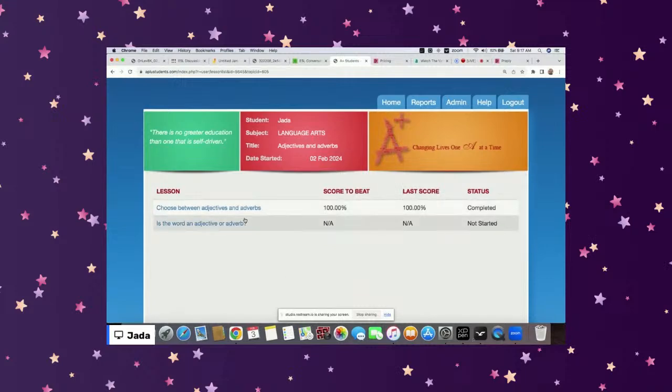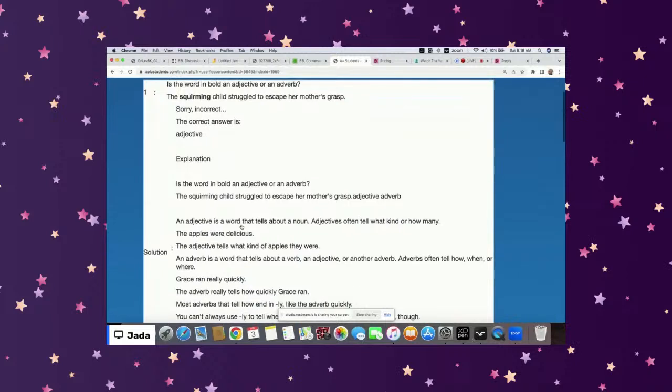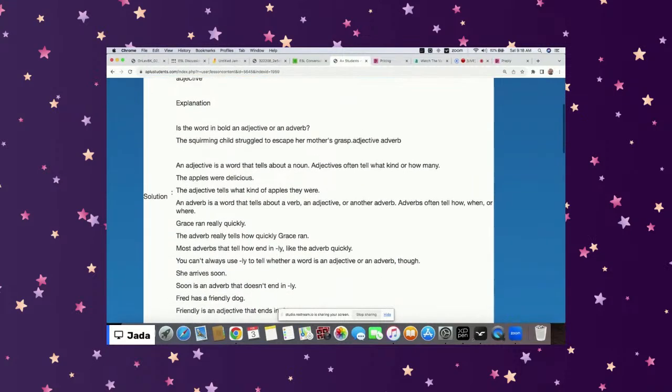So, is the word an adjective or an adverb? That's what we will do. So, like I said, an adjective is a word that tells about a noun, often tells what kind or how many. And an adverb is a word that tells about a verb, and it tells about an adjective and another adverb as well.